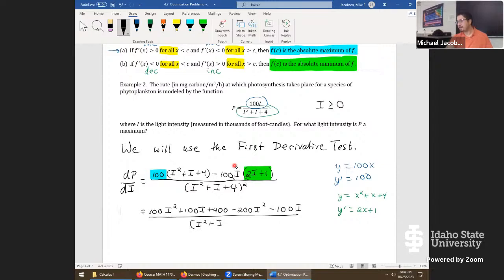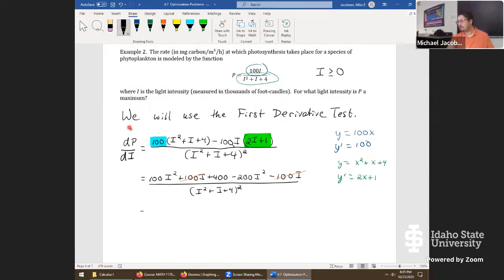Still, it's I squared plus I plus 4 down below, quantity squared. And now we have a cancellation. 100i here combines with the negative 100i, so now those are gone. We're left with, let's take a look, 400 minus 100i squared after combining like terms there.